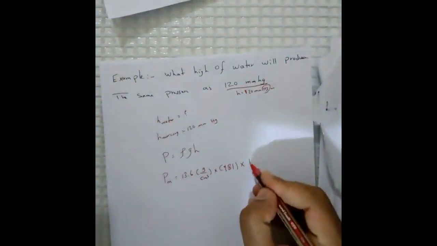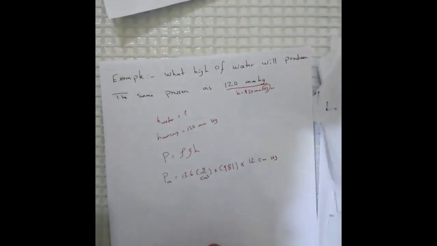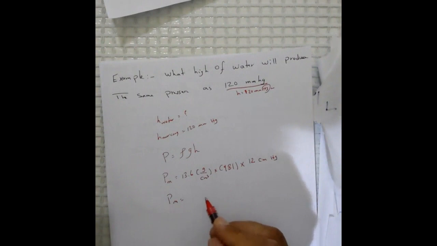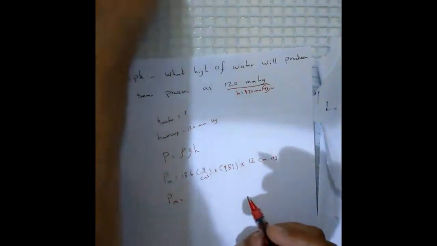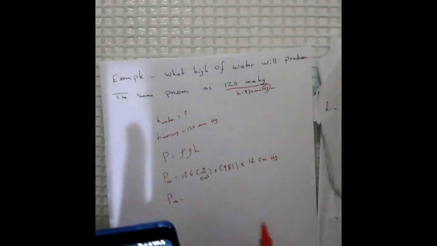Because I have millimeter, I will divide by 10, so it will be 12 centimeter mercury. Then P for mercury will be equal to, multiplying them together, you will have 10 to the power 5. Just give me a second.